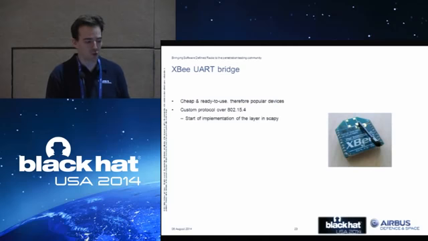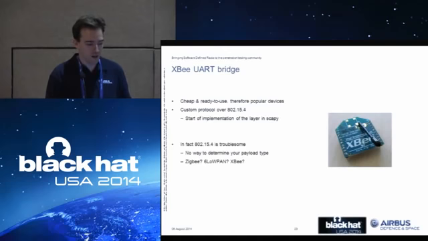It's a custom protocol over 802.15.4, sorry. We started the implementation of the layer, but we haven't gone through all the specificities of the protocol. So far, it's very rudimentary. And in fact, we discovered that 802.15.4 is used for 6LoWPAN, ZigBee, and XBee protocols at least.